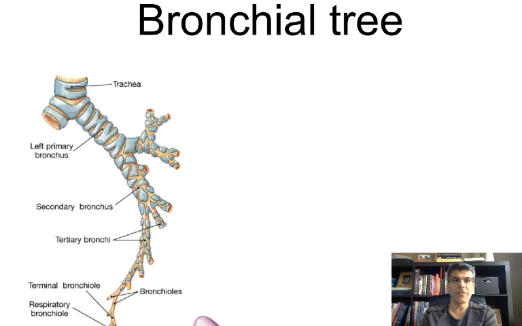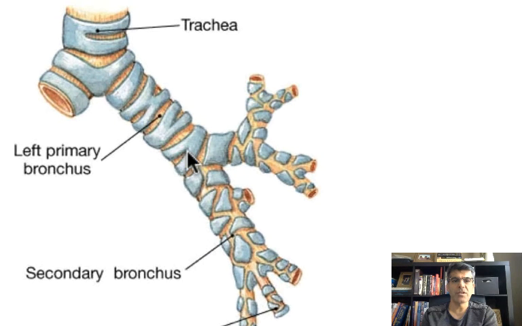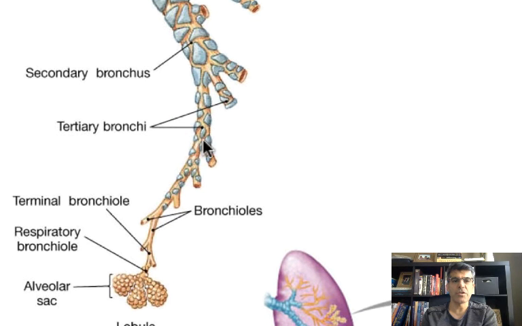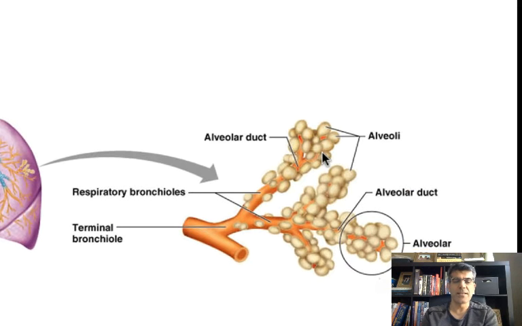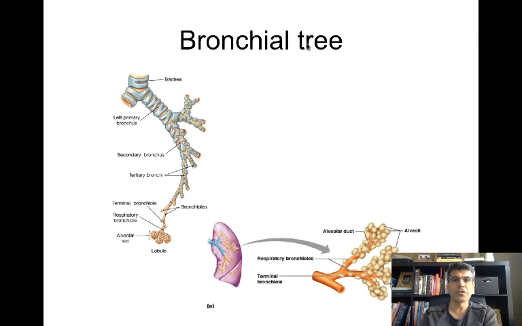Gas is going to come from your nose and enter your trachea, come to the primary bronchus, secondary bronchus, tertiary bronchus, bronchiole, terminal bronchiole, respiratory bronchiole, alveolar ducts, and finally get to the alveolus, where we're going to exchange the gases. This is called the bronchial tree because it's going to branch off like a tree.